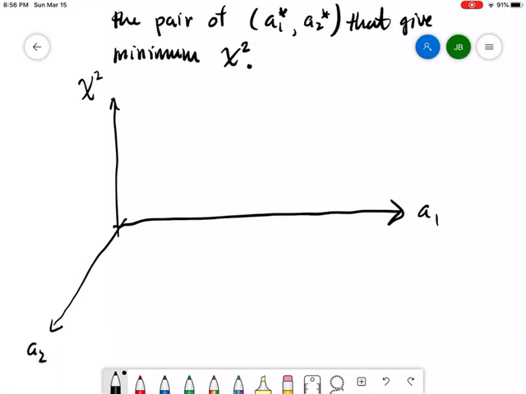And so there's this horizontal plane, the A1, A2 plane, which is like our parameter space. And we're going to explore that parameter space and see how chi-squared varies as we move around in that space. And we're looking for a minimum. And so I'm going to try to draw a surface.